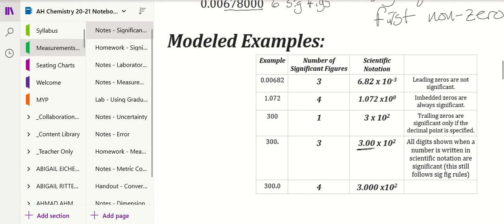So it would be 3.00 times 10 to the second. And then 300.0, all of the ending zeros are significant. Why? Decimal point shown. So there's 4 significant digits. And if you wanted to write it in scientific notation, you'd need 4 digits before the times 10 to communicate the significant figures.